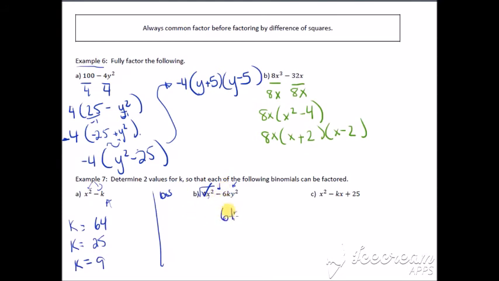Now we have 6ky squared. So here's the thing. We can already root y squared. So we just have to be able to root 6k. So 6 times what number would give us something that can be rooted?